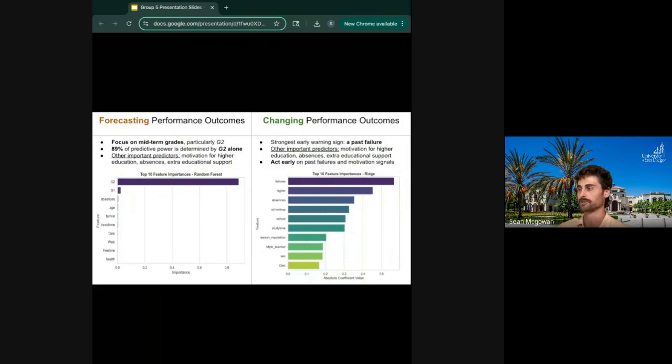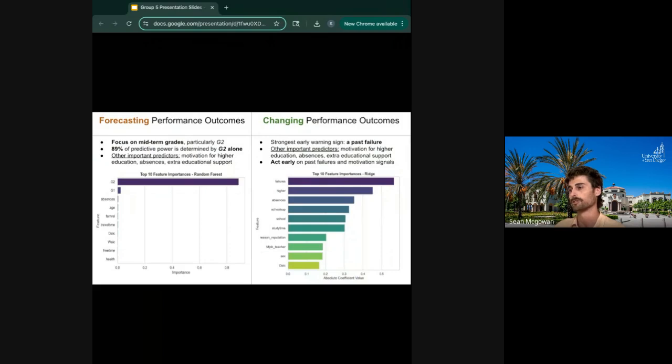By the time those grades show up, it may already be too late to change trajectory. So we pushed the analysis a little further. We asked the question, what signals show up early before grades even exist? And when we removed those 2 midterm grades, G1 and G2, the accuracy of the model dropped as we expected, but a new pattern appeared clearly.